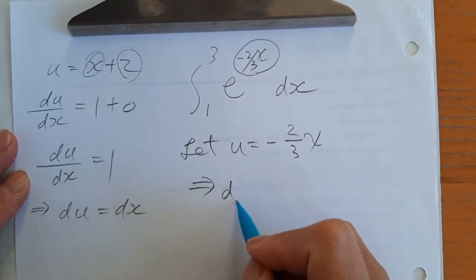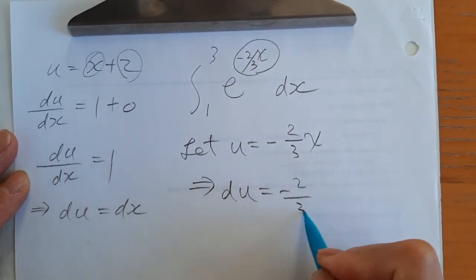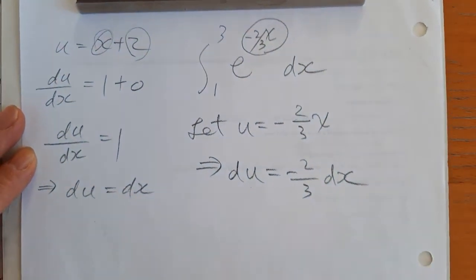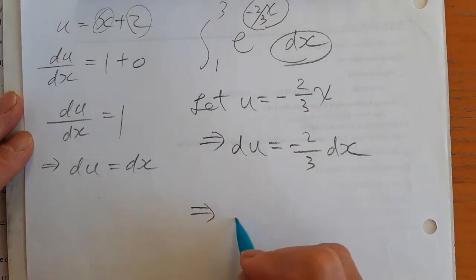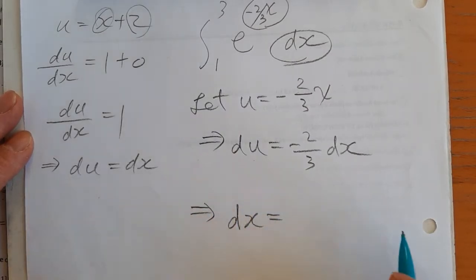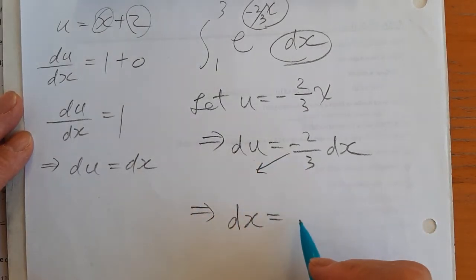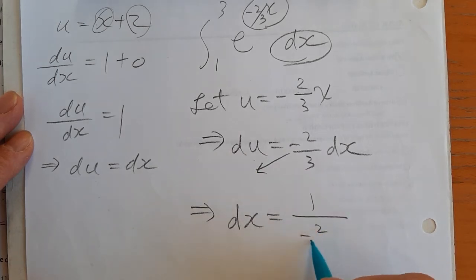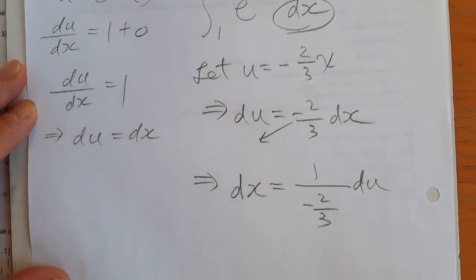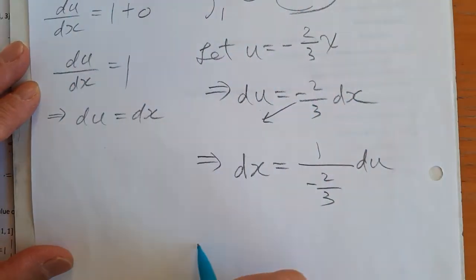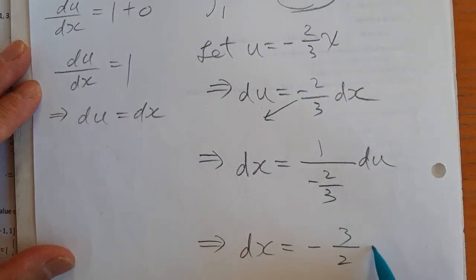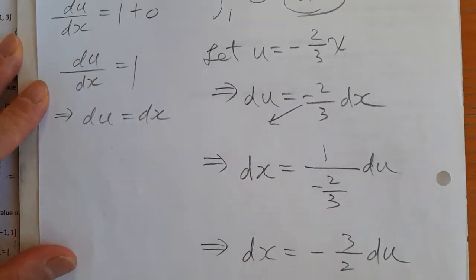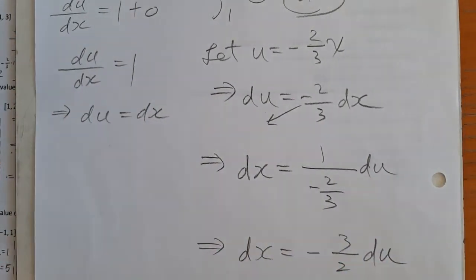Then du is negative 2 over 3 dx. And since here we only have dx, you divide. So dx equals 1 over negative 2 over 3 du. Take the reciprocal, so dx equals negative 3 over 2 du.